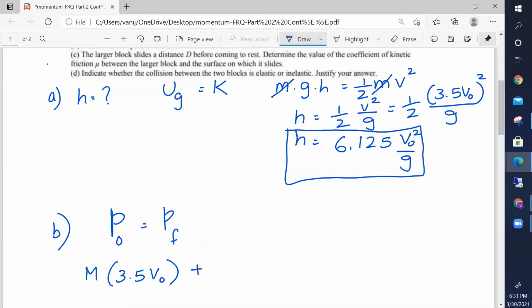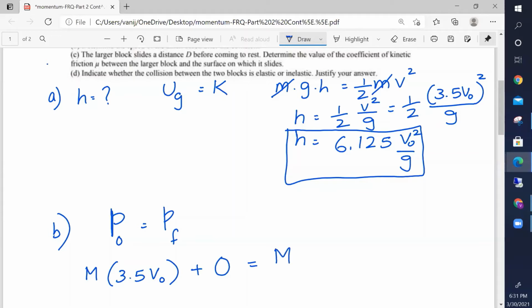And the second block of 1.5 m is at rest, so its initial momentum is equal to 0. That is equal to the total momentum of the blocks after collision.